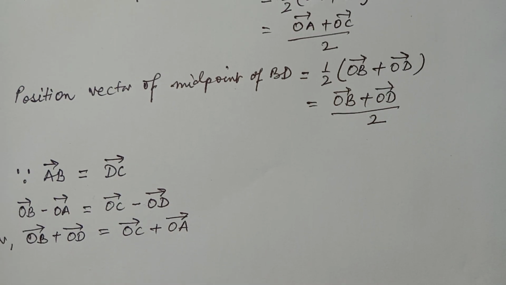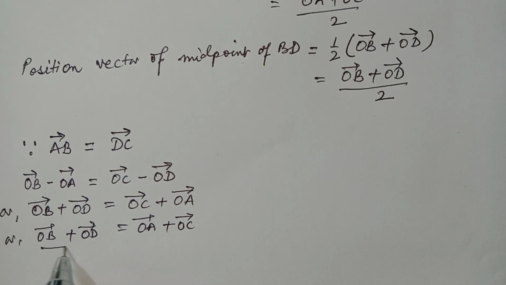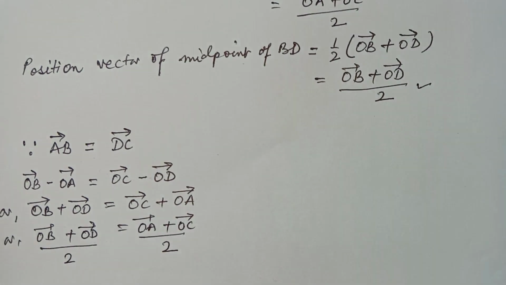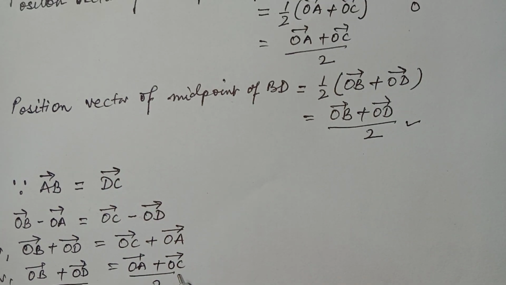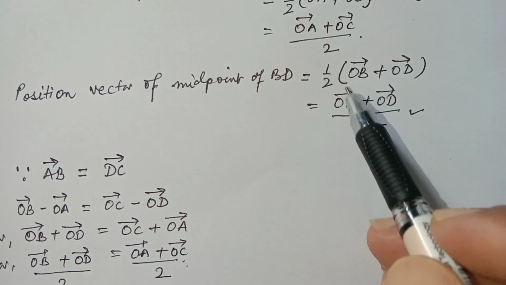Most importantly, OB plus OD is equal to OA plus OC, and we divide both sides by 2. We now have (OB + OD) divided by 2 and (OA + OC) divided by 2. What are these two vectors?